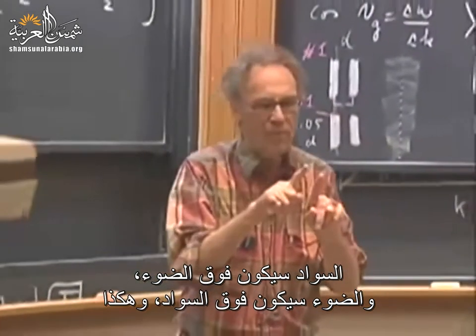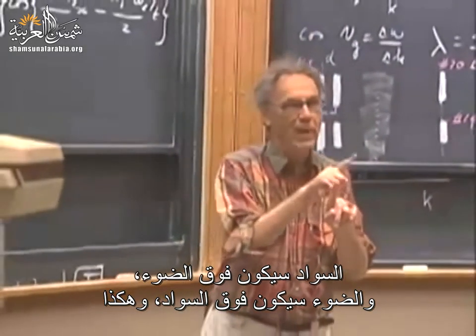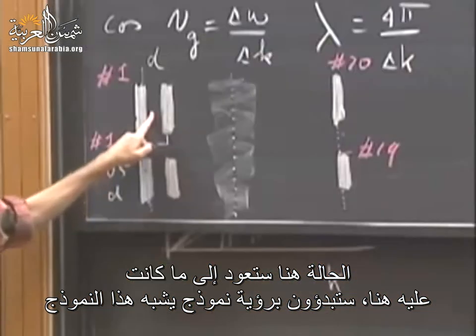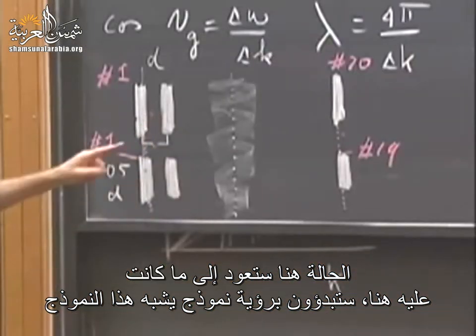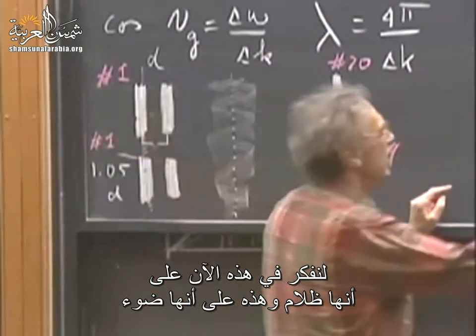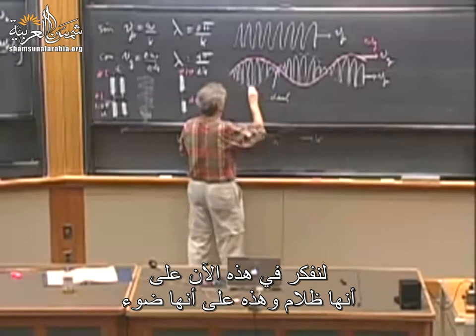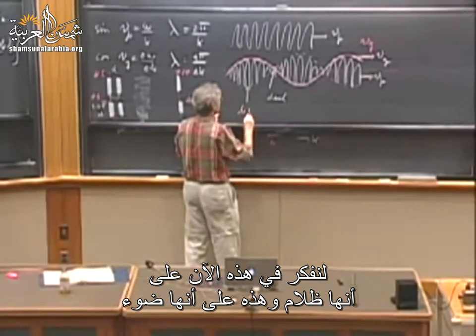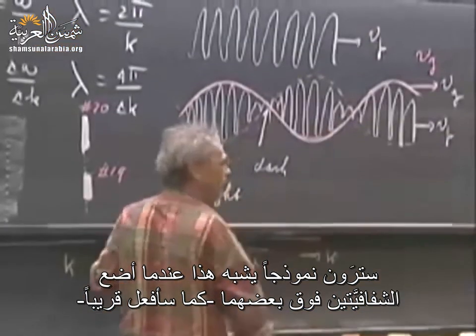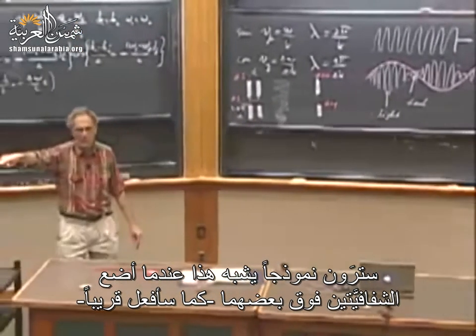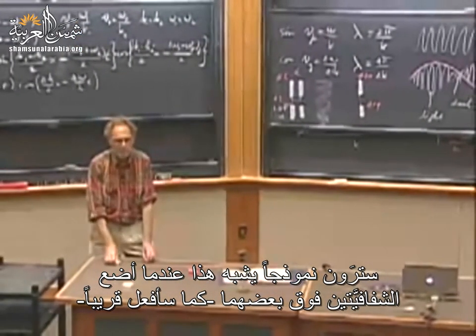Black will be on top of light, and light on top of black. Here, however, it's back to what it was here. So you're beginning to see this kind of pattern. Think of this, for now, as being dark, and this as being light. This kind of pattern is what you're going to see if I put the two transparencies on top of each other, as I will do very shortly.